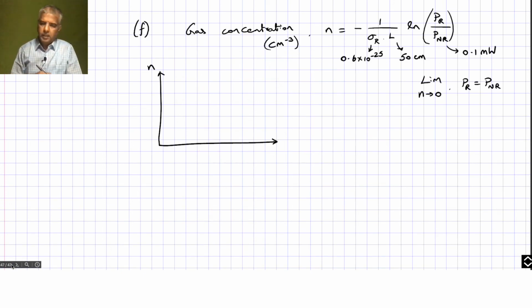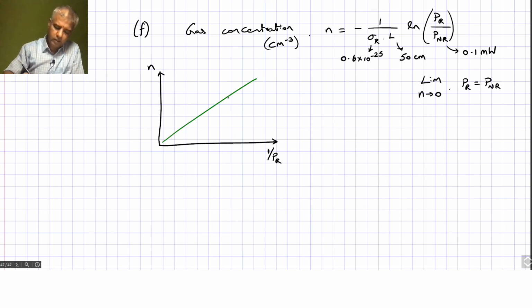And then of course we are saying as concentration increases, PR decreases. So it's basically an inverse relationship. So I can plot it with respect to inverse of PR, and if we do that, then what we see in this case is it should be a sort of a linear relationship.